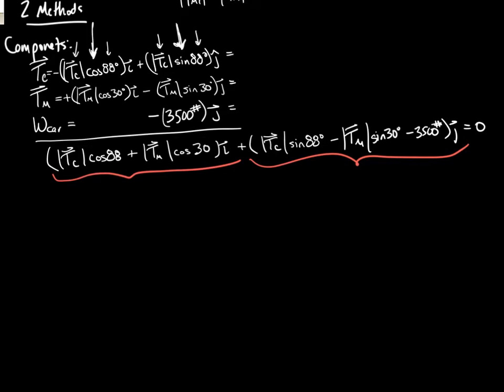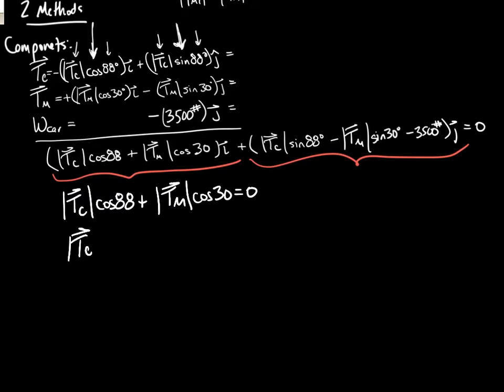So what we're going to do here is take this equation right here and solve for TC or TM. It doesn't matter. Remember that this is an equation equals 0. That's one equation. So I'm going to solve for TC in terms of TM.